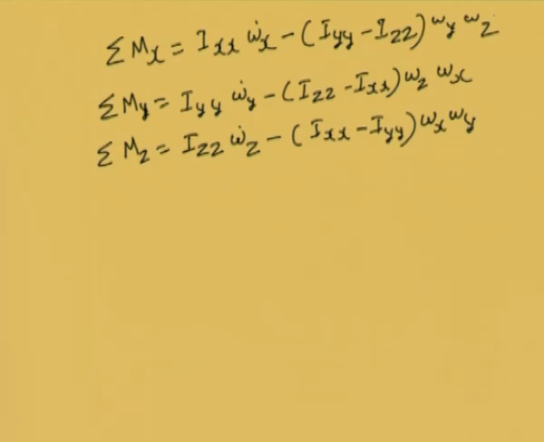That is, sigma Mx is equal to Ixx omega dot x minus (Iyy minus Izz) omega y omega z, sigma My is equal to Iyy omega dot y minus (Izz minus Ixx) omega z omega x, sigma Mz is equal to Izz omega dot z minus (Ixx minus Iyy) omega x omega y.